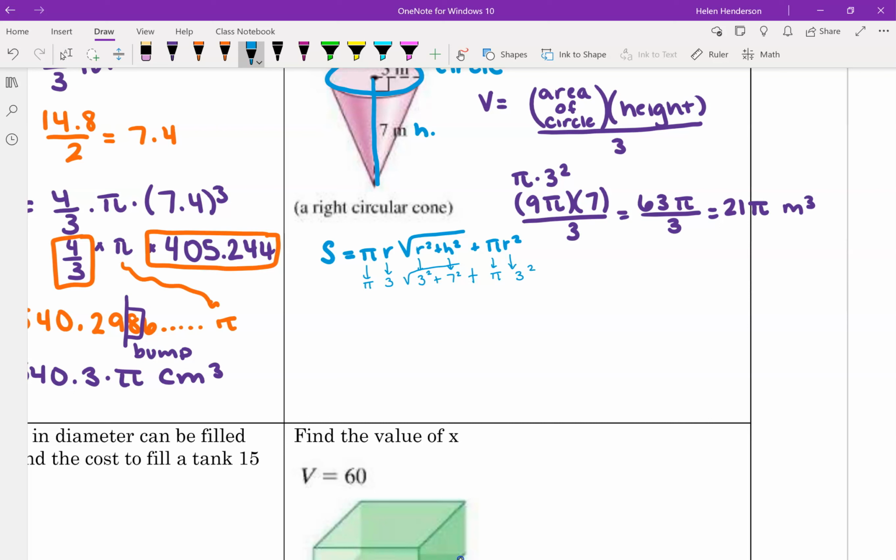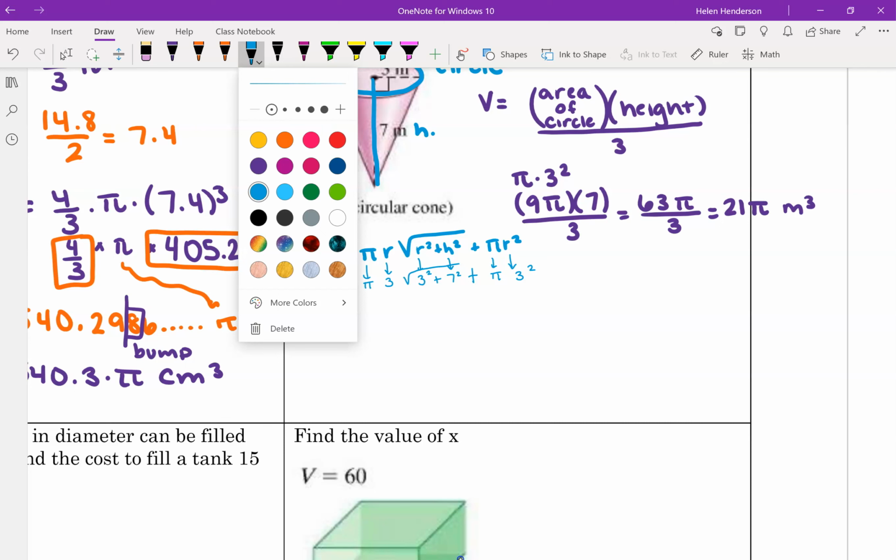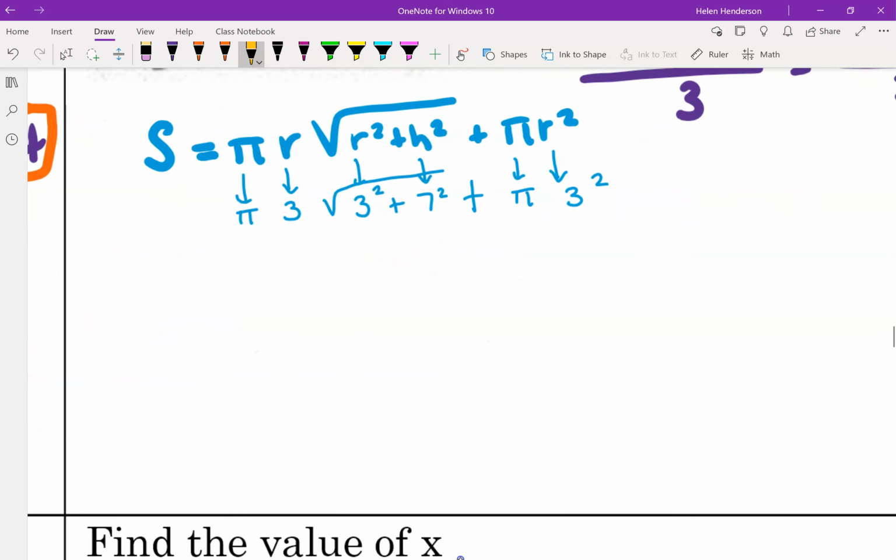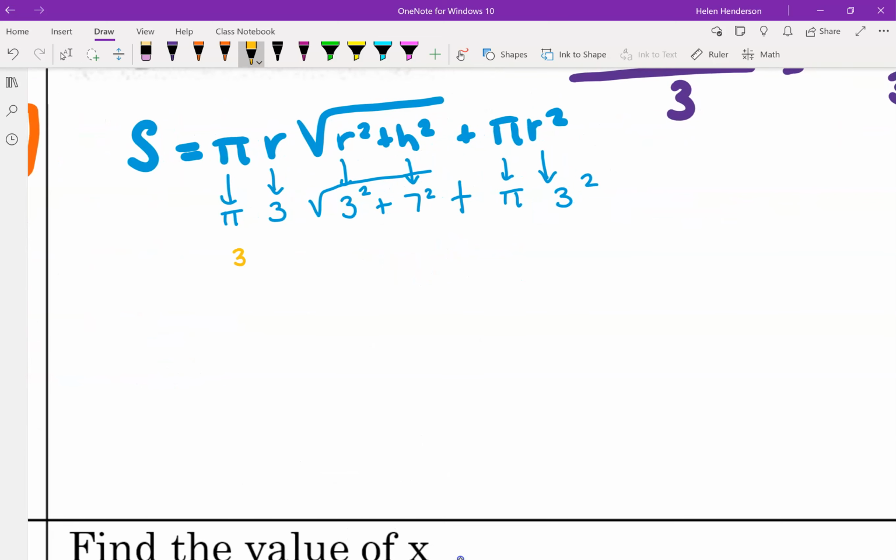Okay, let's get this party started. So I've got 3 pi times the square root of 9 plus 49. So that's 3 pi times the square root of 58 plus 9 pi. So 3 squared is 9. So 9 pi. And now this is a pretty ugly number.